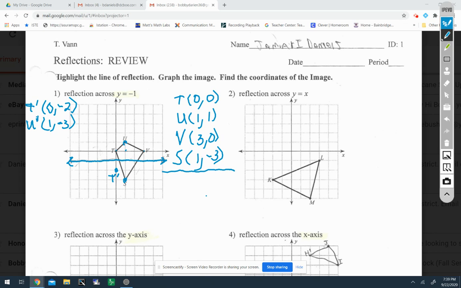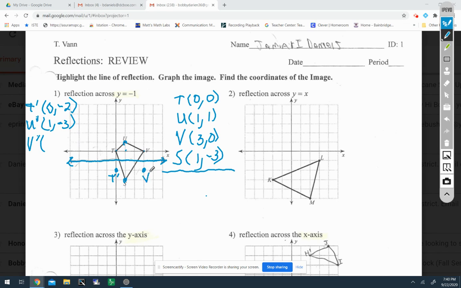All right, let's look at V. Let's call it V prime. Okay, V prime, the new name for V, it's going to move. Right now it's 1 unit up, so it's going to go down 1, go down here. This would be where our new V would be.